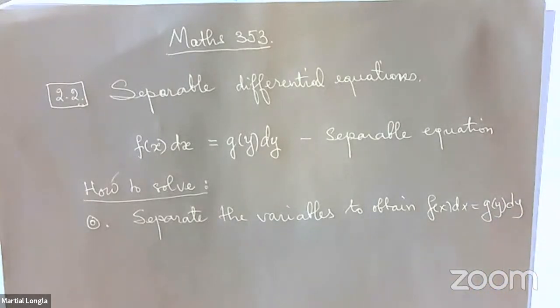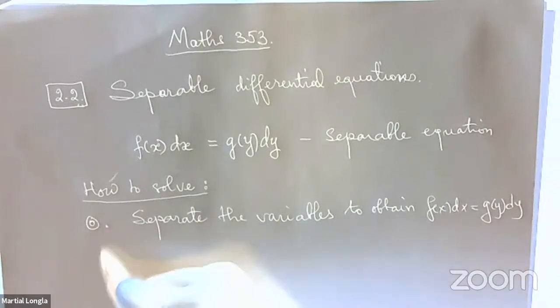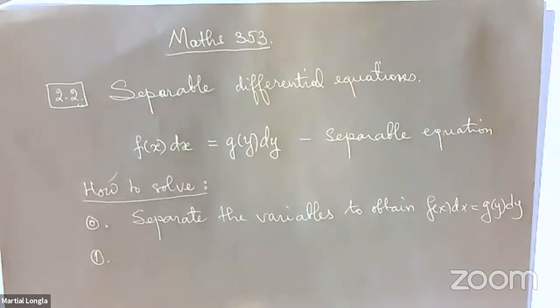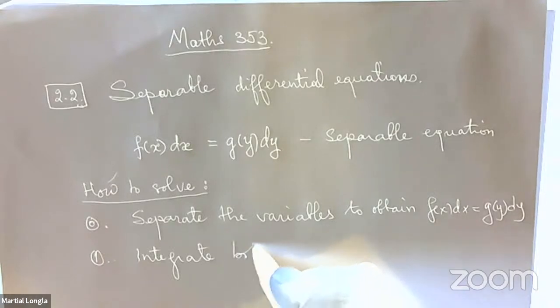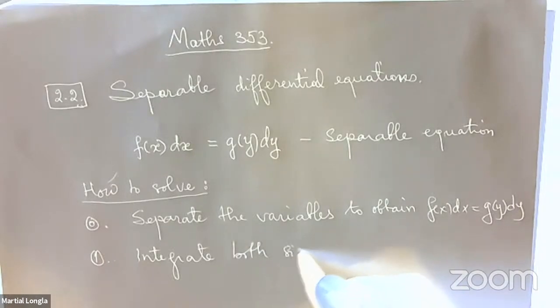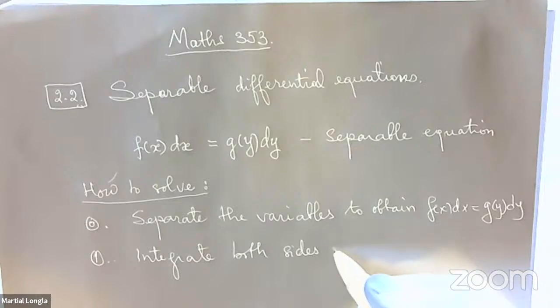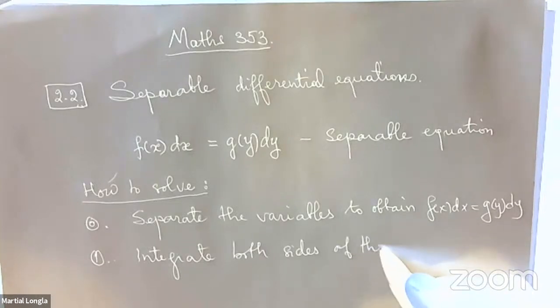That's the first step when you have the feeling that the equation in front of you is a separable equation. You separate the variables to obtain an equation of this form. And then you do step 1: integrate both sides of the equation.